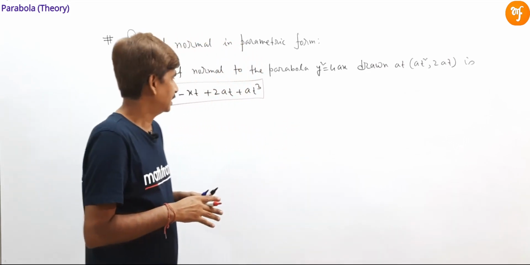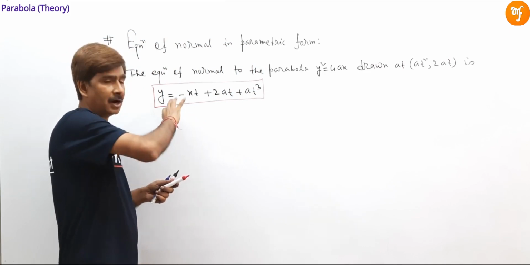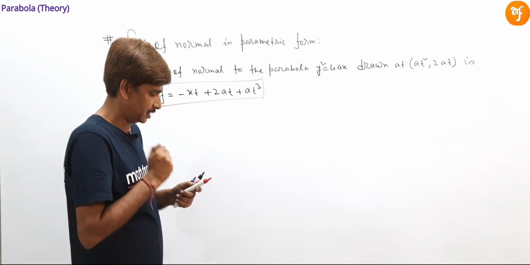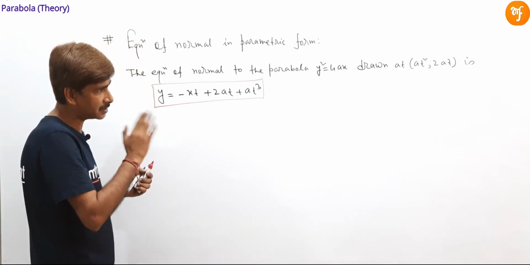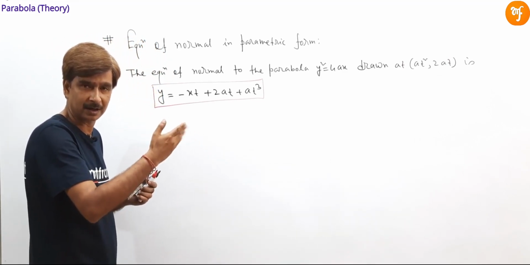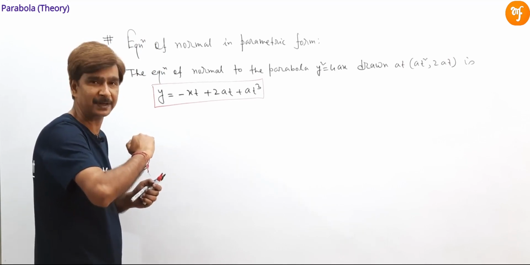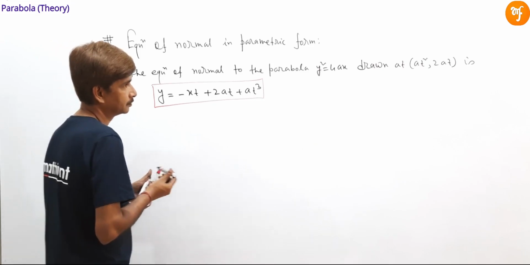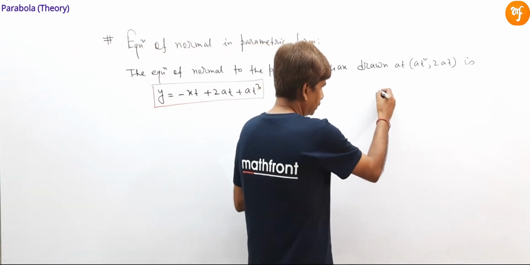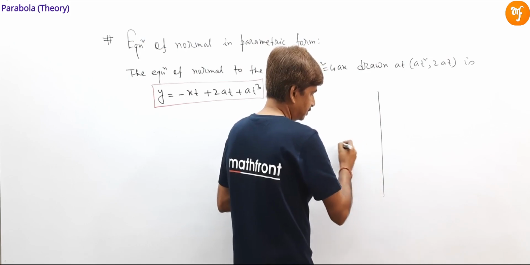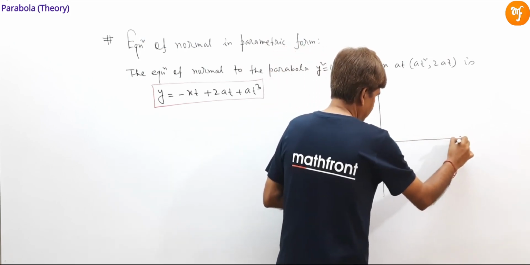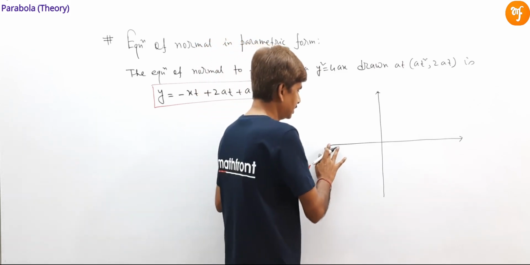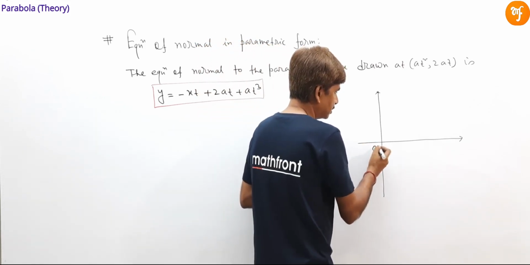Okay. Now we are going to prove how this equation of normal is developed. So look, for this first of all we will draw the curve and we will draw the equation of tangent. So let's draw. Better we draw here the reference frame, x y axis. So this is origin.